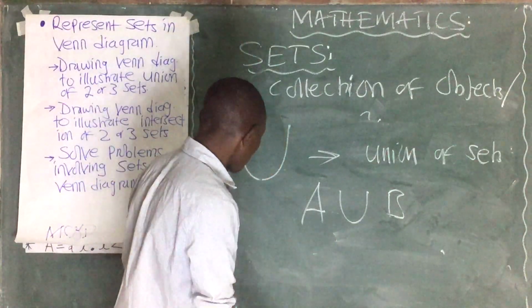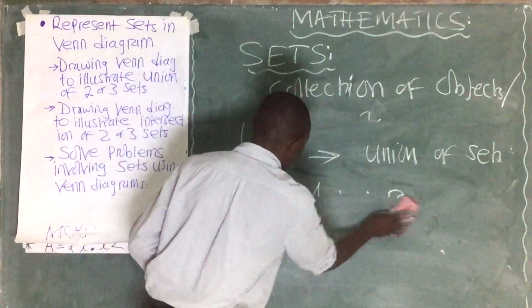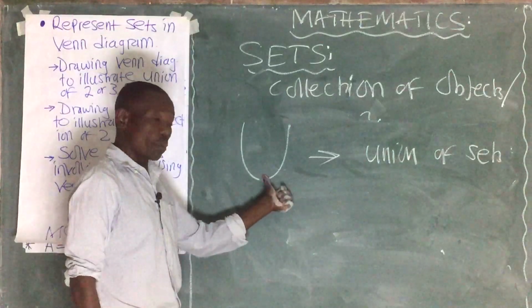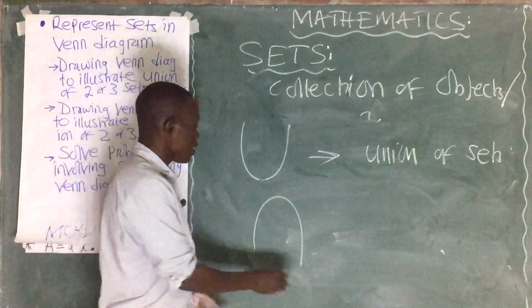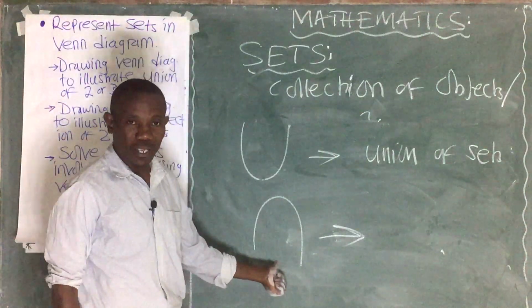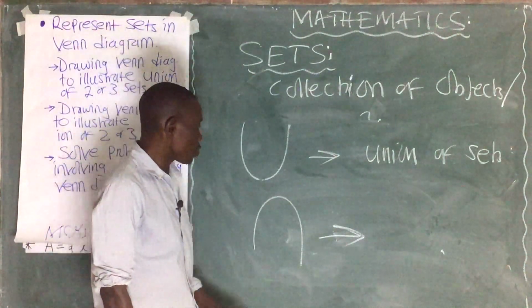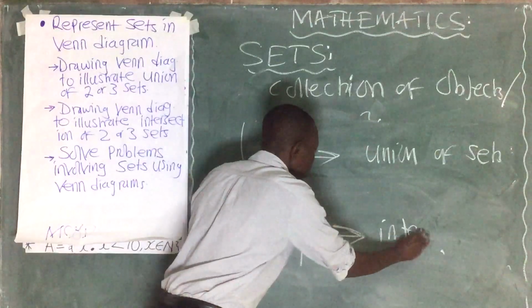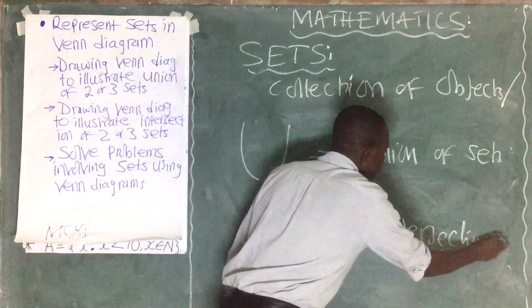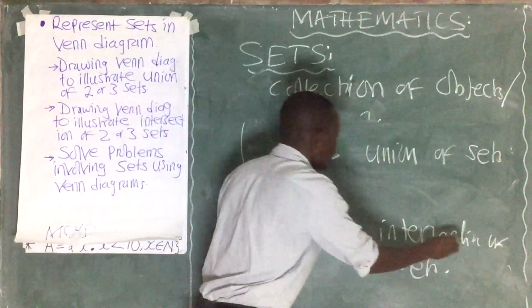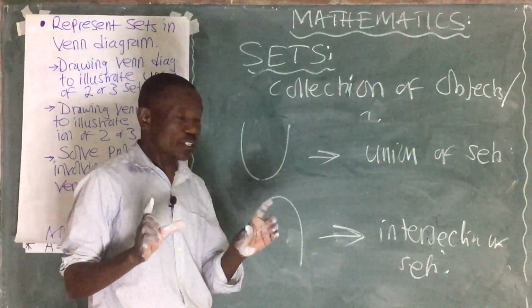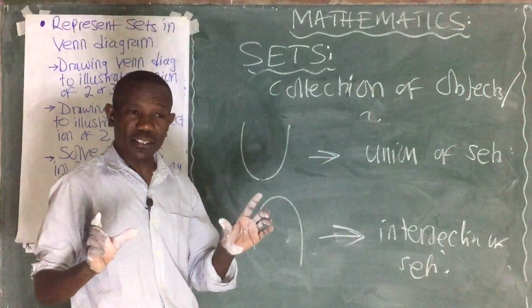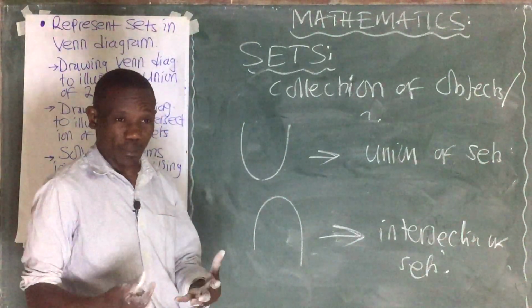Right. On the contrary, we have another symbol which is more like the opposite of this, which is this. Right. When we meet this symbol in our discussion, try to understand that this symbol simply means the intersection of sets. To mean what? You'll be given maybe a group of sets, like groups of sets of numbers.